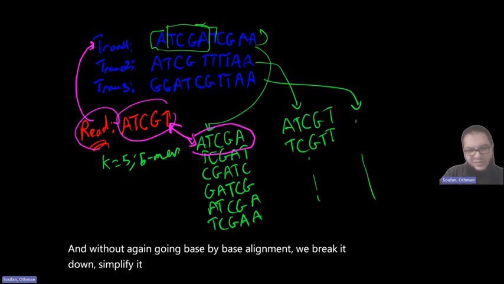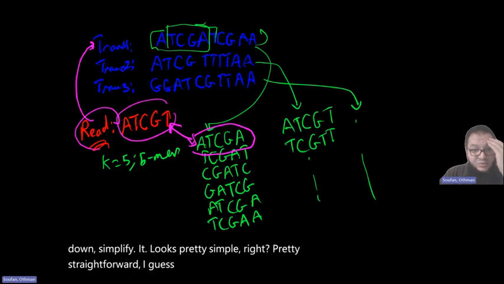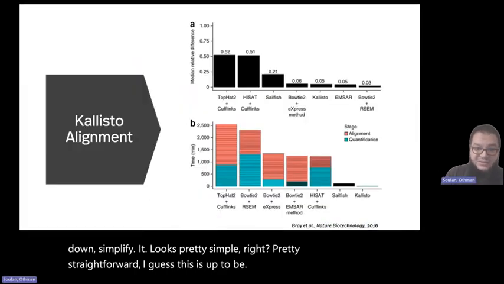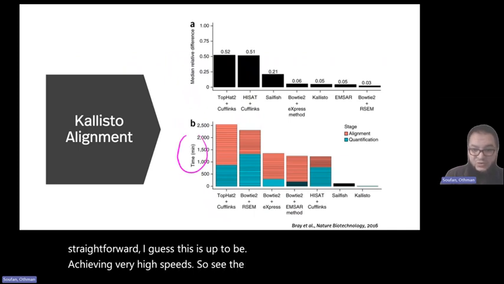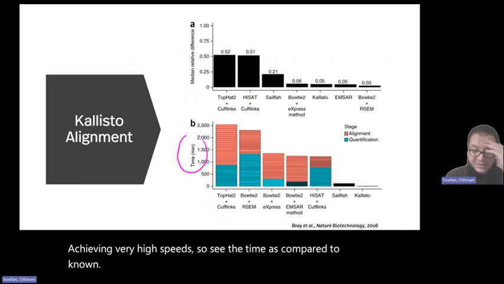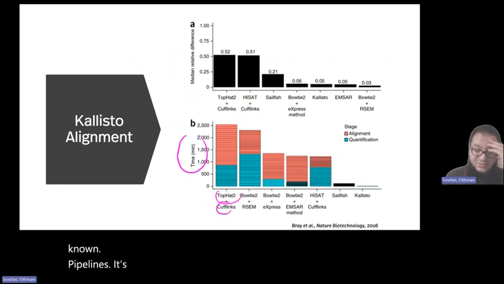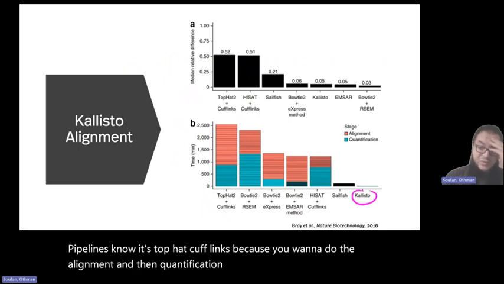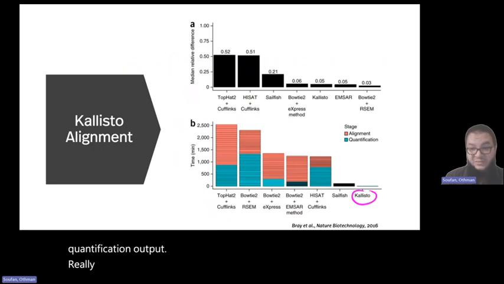It looks pretty simple, right? Pretty straightforward, I guess. This ends up achieving very high speeds. So see the time as compared to known pipelines like TopHat and Cufflinks, because you want to do the alignment and then quantification. Kallisto is directly giving you the quantification output, really saving lots of time.